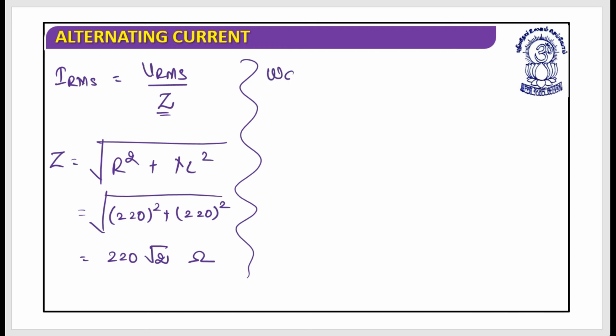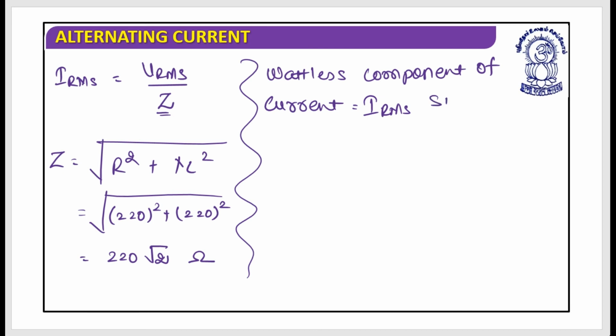Now, the wattless component of current is equal to IRMS sin phi.